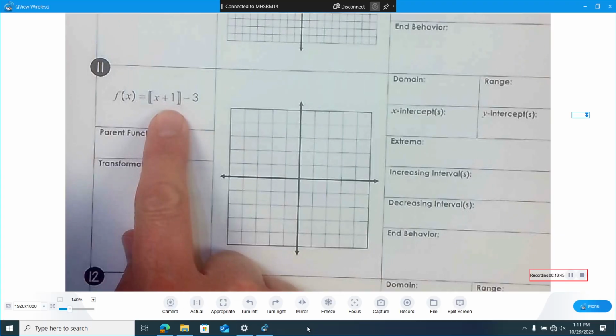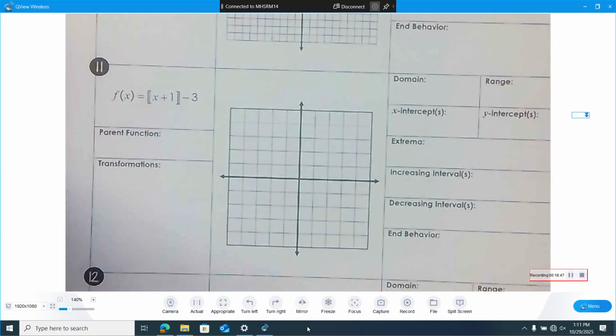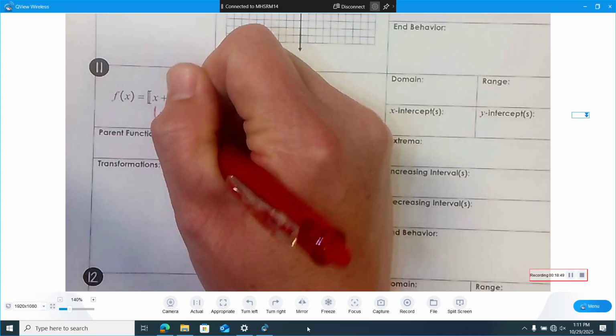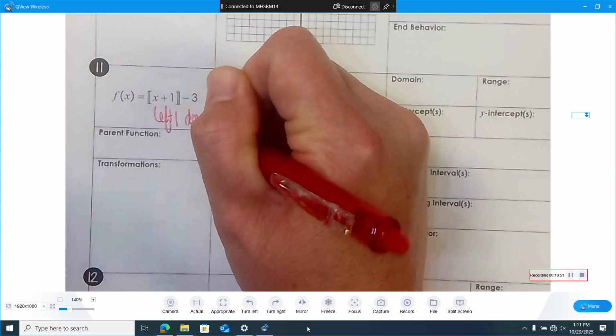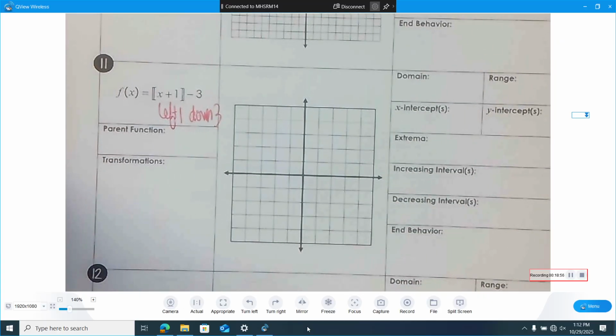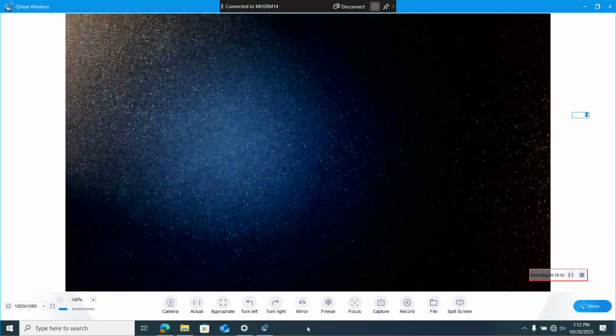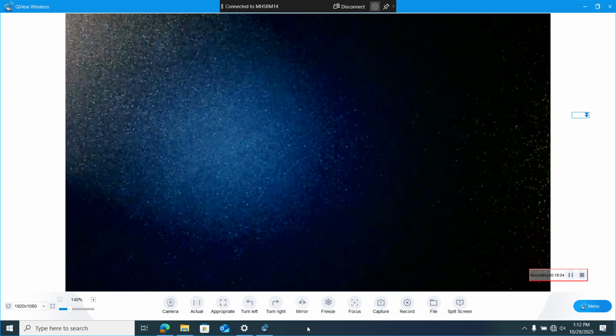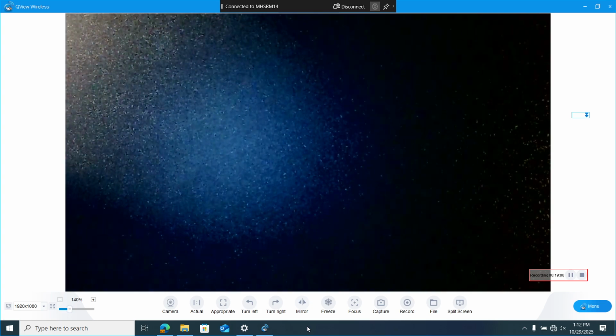And so it's been shifted left 1 and down 3. Very good. So that's our staircase. I don't want to do those. Just the fact that you know what it looks like is all I really care about, right? So I don't need to draw these out. Good? Yeah? Okay, so here we have what we're going to do today.